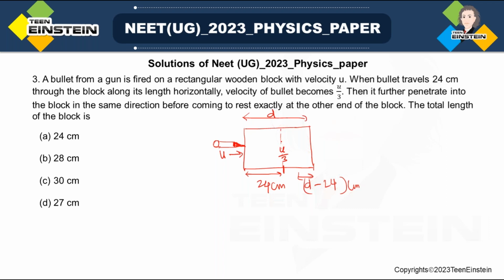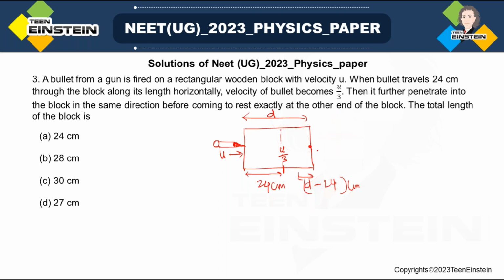But anyway, it is not stopping here. It is further penetrating the block in the same direction before coming to rest exactly at the end. So at the other end of the block, it exactly reaches here and stops here.